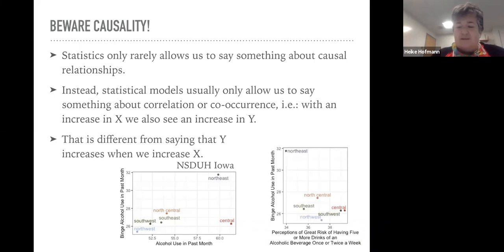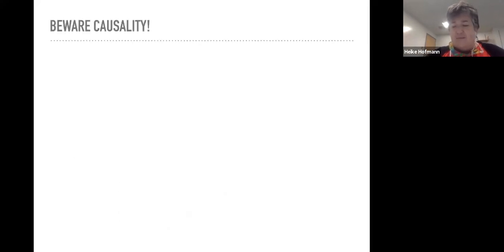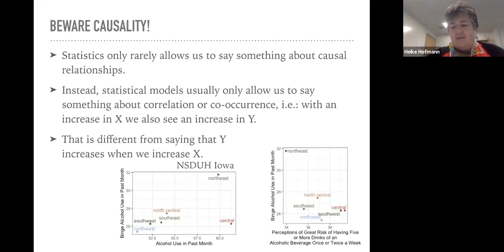Just a small different case of perception of greater risk of having 5 or more drinks. So perception of risk of what essentially is the definition of binge alcohol use, and binge alcohol use in the past month. And it seems that, if we don't regard Northeast, we might see not a very strong relationship between binge alcohol use and perception.